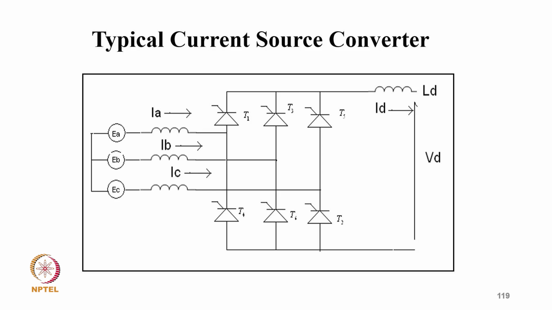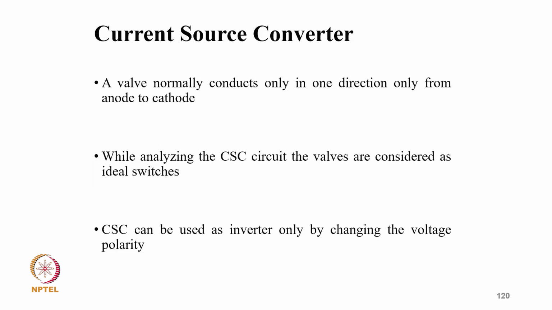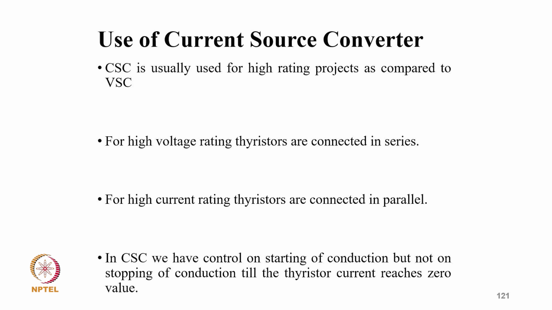A valve normally conducts in only one direction, from anode to cathode. While analyzing the current source converter circuit, the valves are considered ideal switches, and a current source converter can be used as an inverter only by changing the voltage polarity.